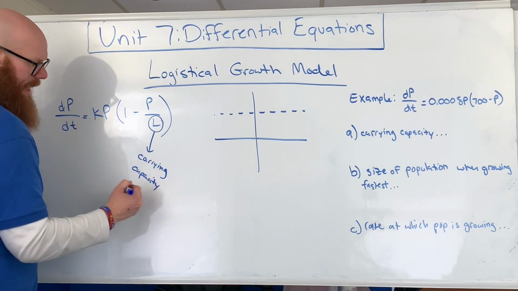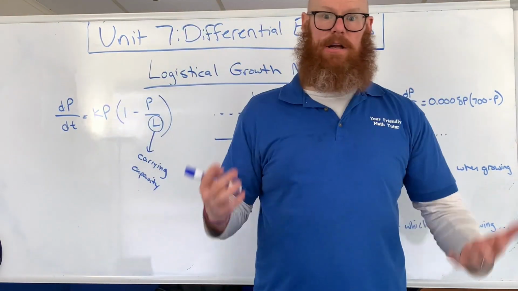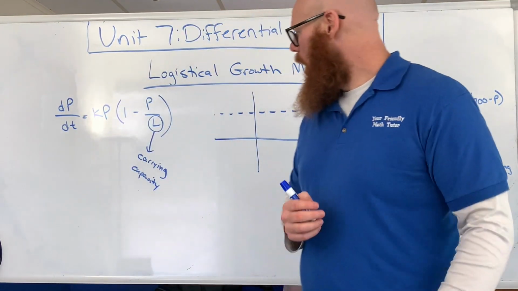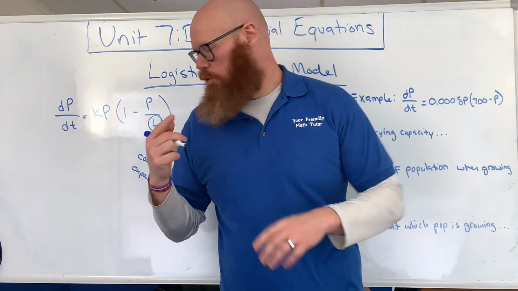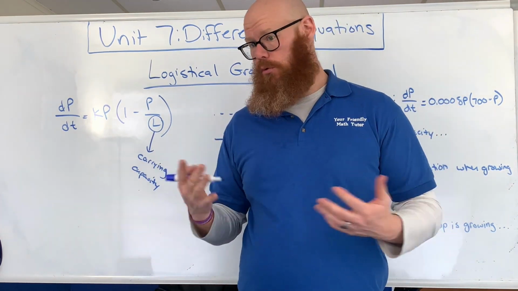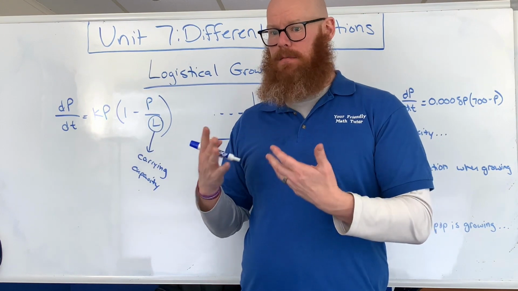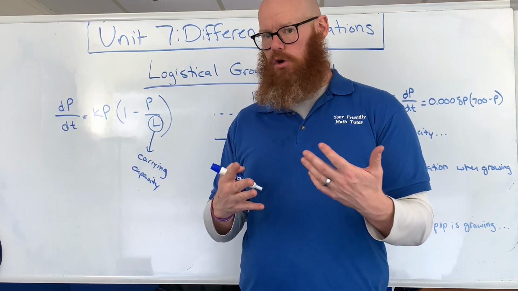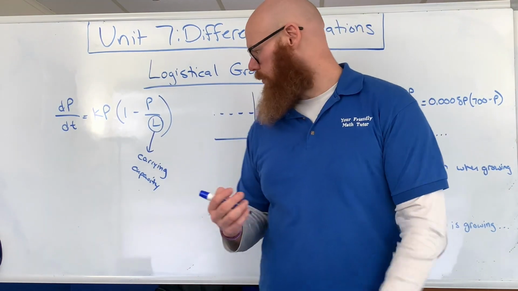So imagine you have a population of some animal, say a population of deer in some local woods. Those deer are going to reproduce based off of the resources that they have available, the food and anything else. And there's going to be a max amount of deer that could exist in that environment because of limited resources.